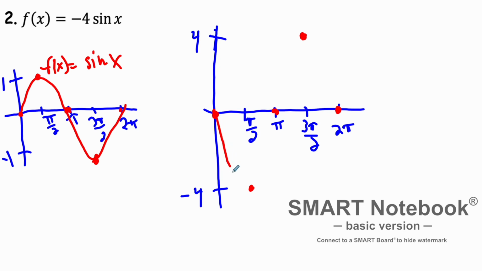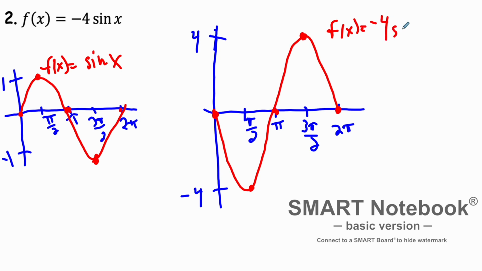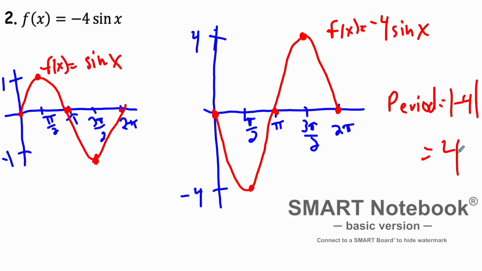So we're going to go down, hit that point, go up through that one, hit that point, and back down. Write our function, f of x equals -4 sine x, and we will label the period. So the period here, absolute value of -4, which is just 4.